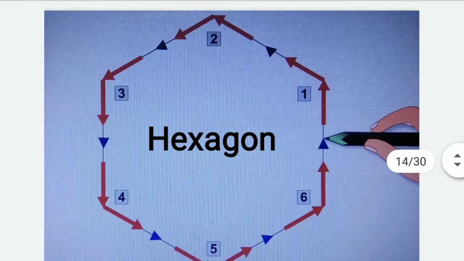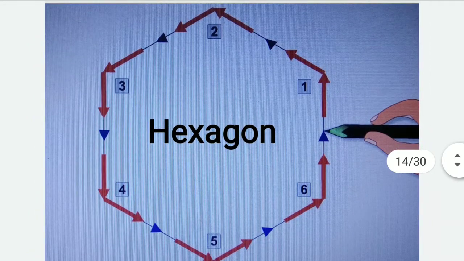Here also, if you trace the path till completing it, you can observe that you have to change the direction at 6 points. That means if the hexagon has 6 sides, you have to change the path 6 times.